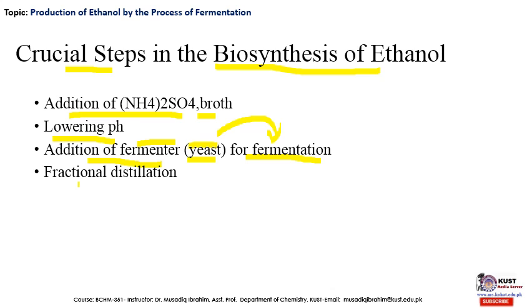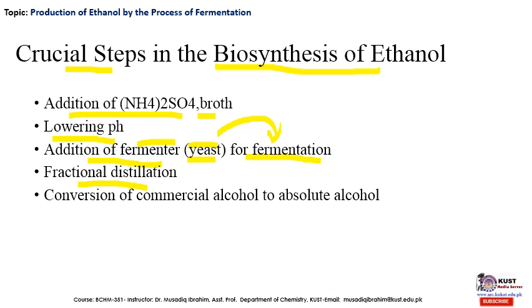Fractional distillation, so these are the steps which take place at the end of the run when you are harvesting the product, and fractional distillation is very important for getting the pure form of the ethanol. And the conversion of commercial alcohol to absolute alcohol.